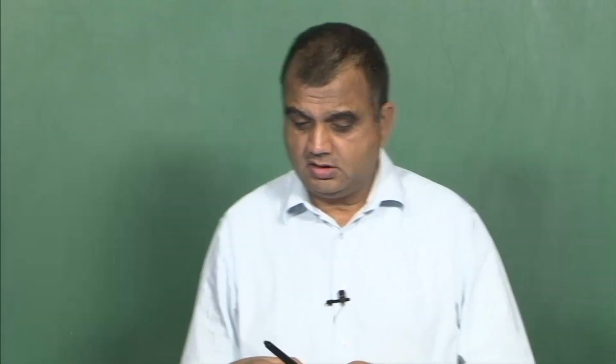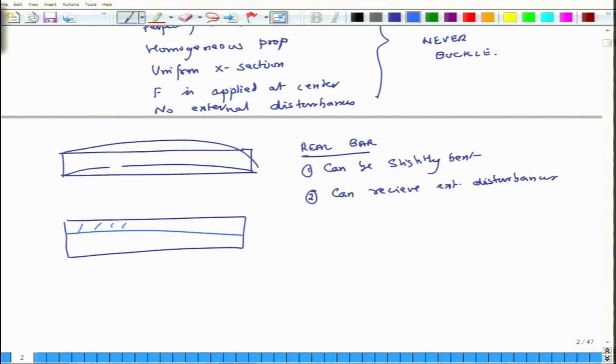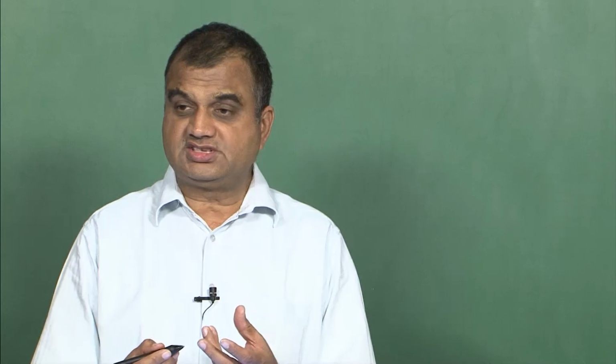Or it could be slightly bent, or it could be that the properties of the bar may not be homogeneous. Maybe on the top half the properties of the bar may be something, and on the bottom half they may be slightly different, and if they are slightly different, then we have seen in composites this generates a B matrix.